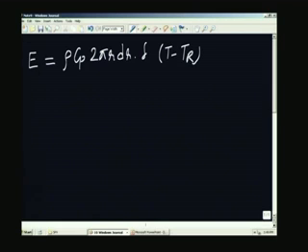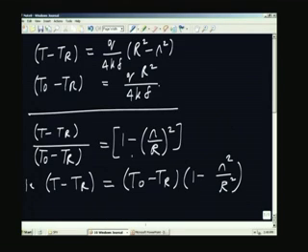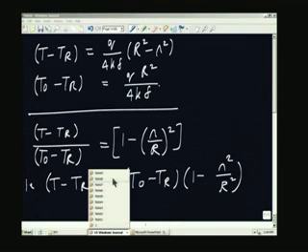This is the amount of energy within the foil, and therefore, I have to integrate between 0 and R. So, for this T minus Tr, I will use the expression which I showed in the previous slide: T minus Tr equal to T naught minus Tr into 1 minus r squared by R squared, and then integrate it.